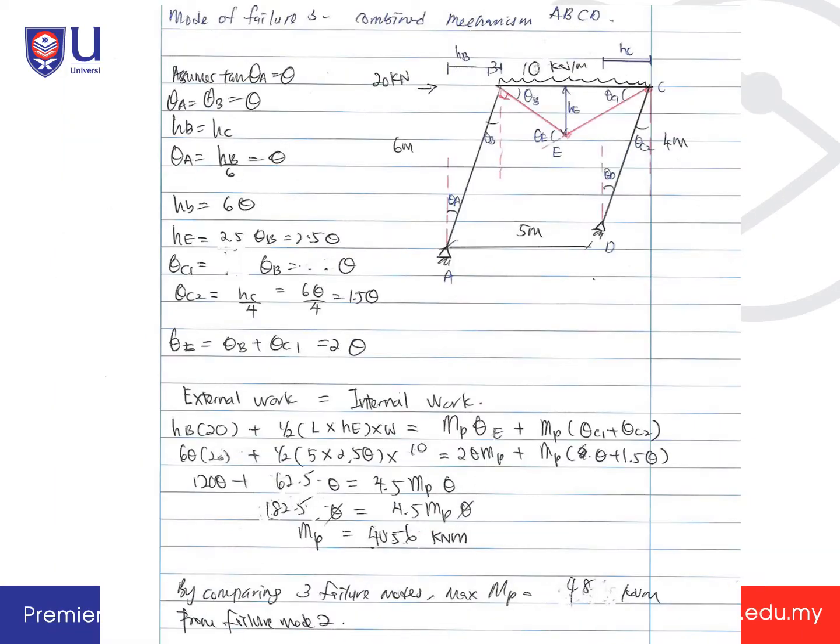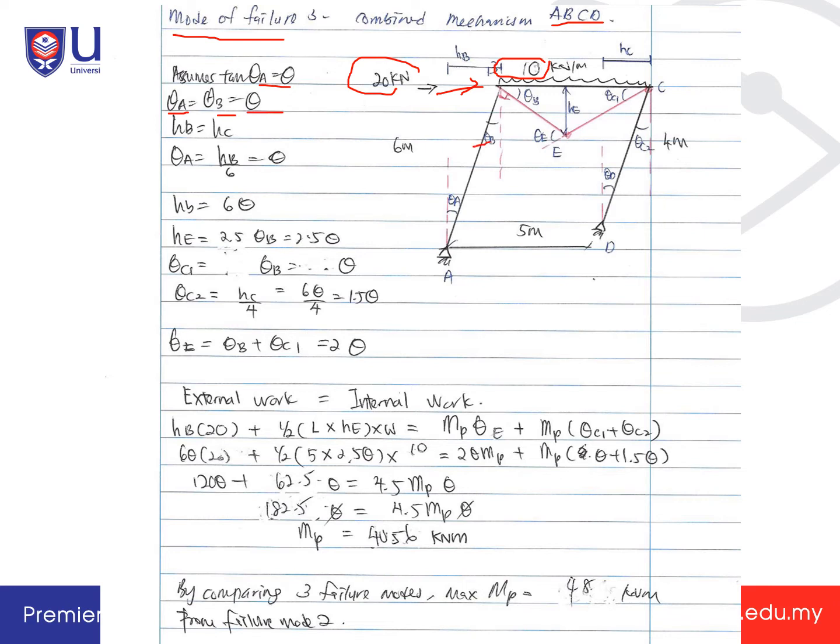Okay, now let's look at mode 3, which is the combined mechanism of ABCD. You have 20 kilonewton applied from the left, pushing toward here, and then you have the 10 kilonewton per meter UDL load. So this is a combined mechanism. You can see that we assume tangent theta A is equal to theta. Theta A and theta B are equal, so theta B is also equal to theta.